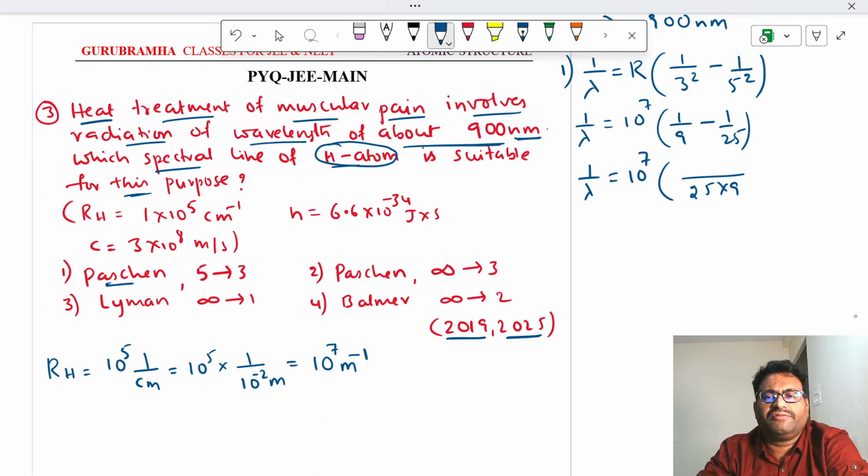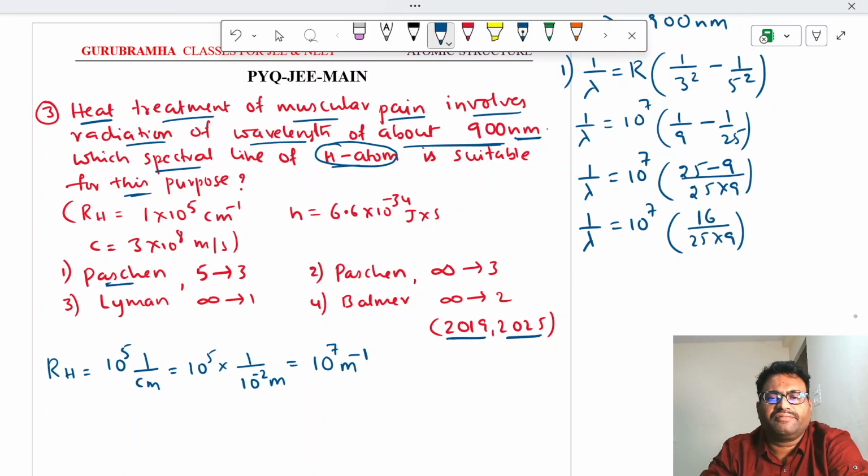So what do you get? 25 minus 9 gives you 16. So 1 by lambda is equal to 10 power 7 into 16 by 25 into 9. Okay.